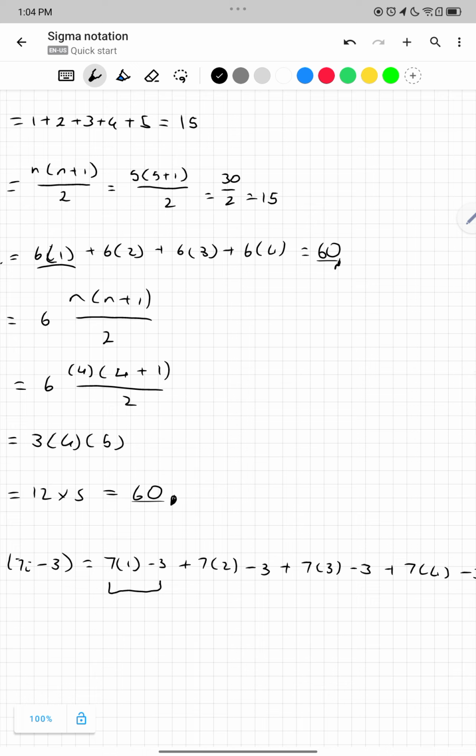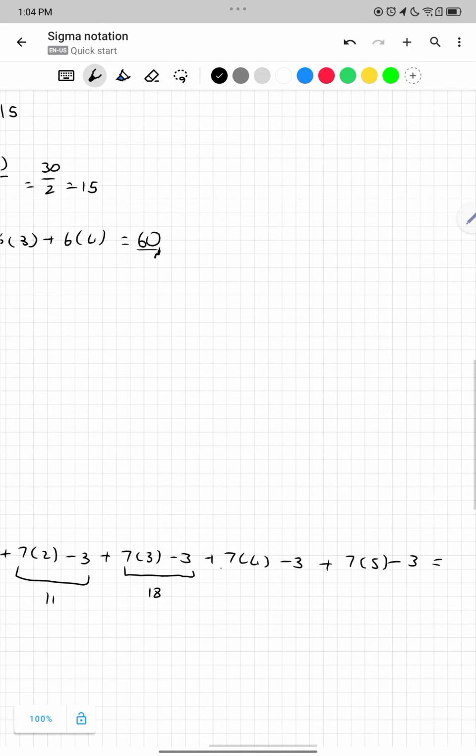This is 4. 14 minus 3 is 11. 21 minus 3 is 18. Yeah, it's 18. 28 minus 3 is 25, sorry. And 35 minus 3 is 32.